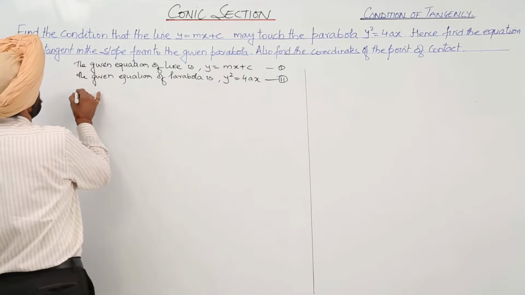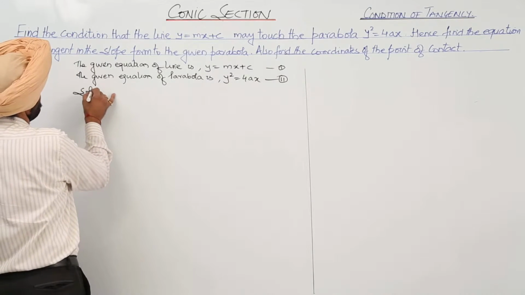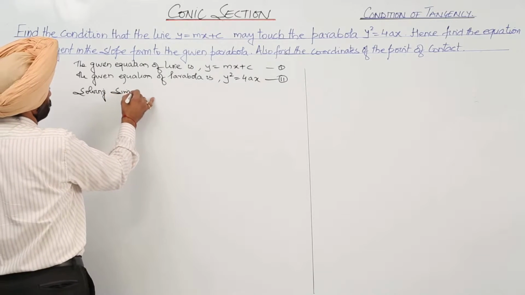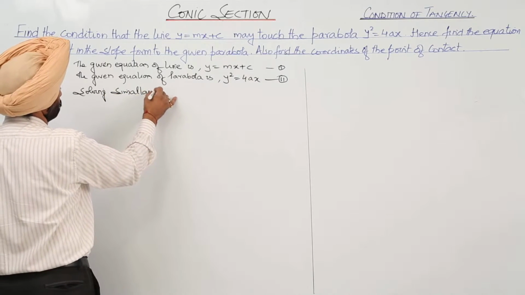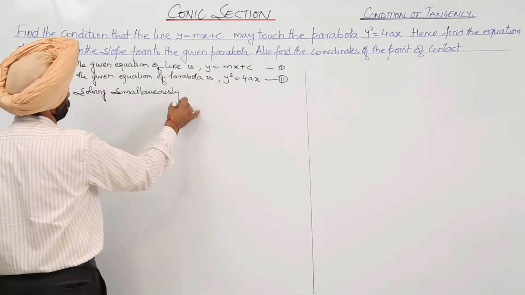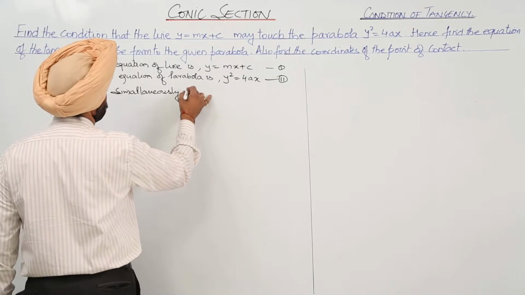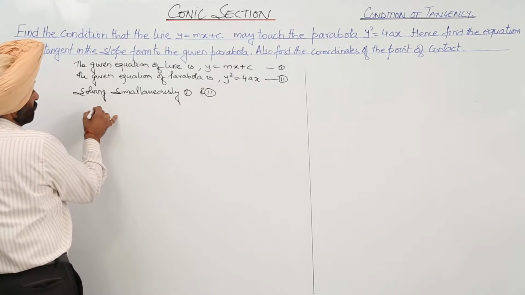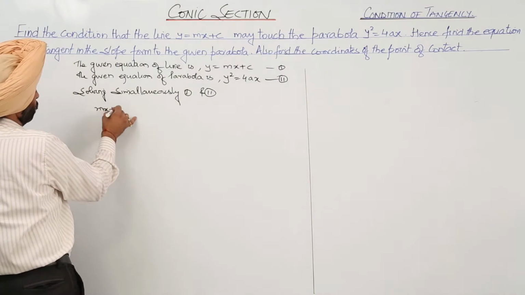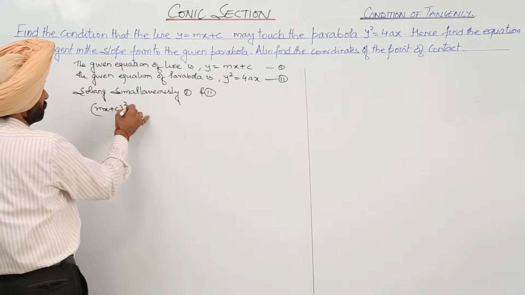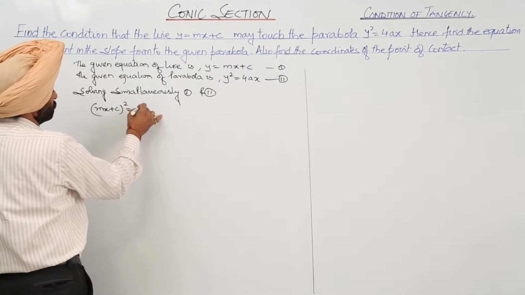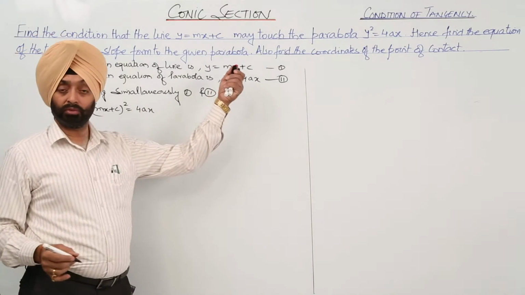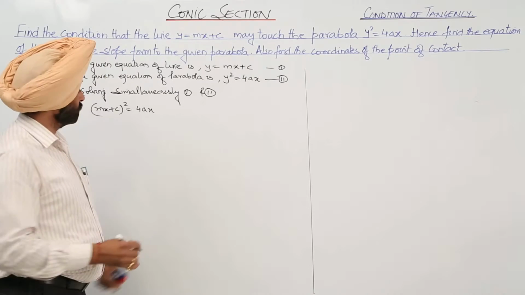Now solving equations 1 and 2 simultaneously, mx plus c whole square is equal to 4ax. What I have done is just substitute the value of y in equation 2.